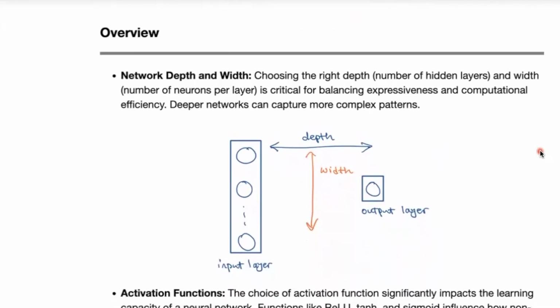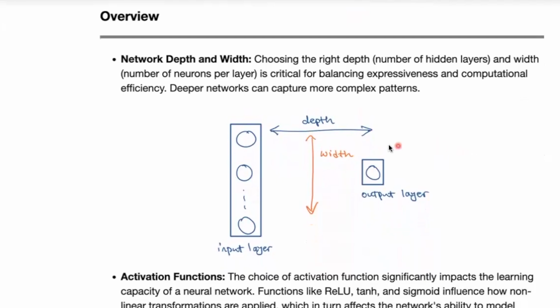So what is the network depth? The depth of a network corresponds to the number of hidden layers that we have between the input and output layers. Similarly, we can define the width of a network, which corresponds to the number of neurons or units per layer.